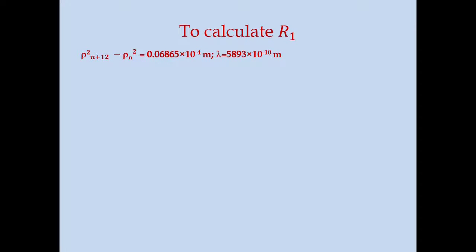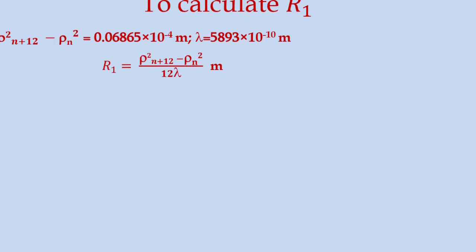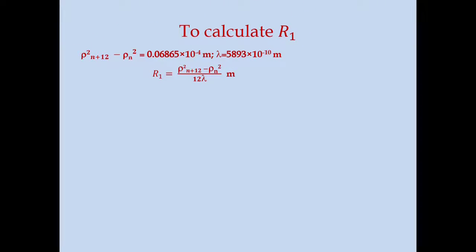So rho square n plus 12 minus rho n square for surface 1 is 0.06865 into 10 power minus 4 m, and the wavelength of the sodium vapor lamp used is 5893 into 10 power minus 10 meters. The formula to calculate the radius of curvature is rho square n plus m minus rho square n divided by m lambda.